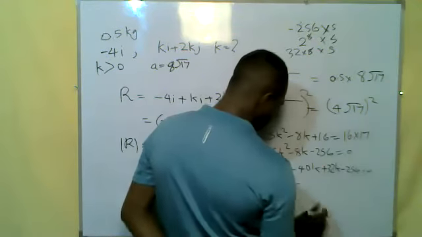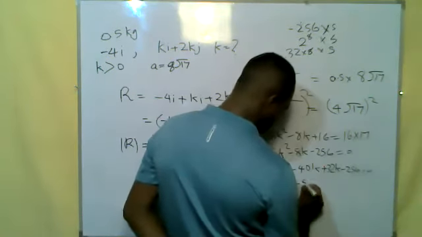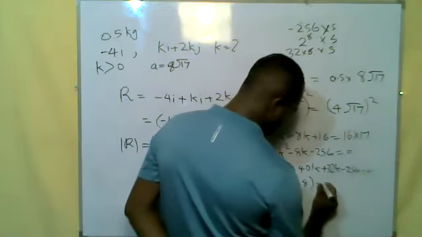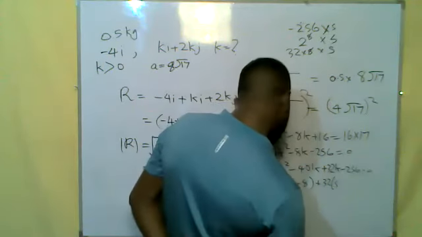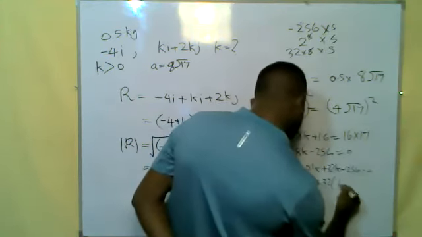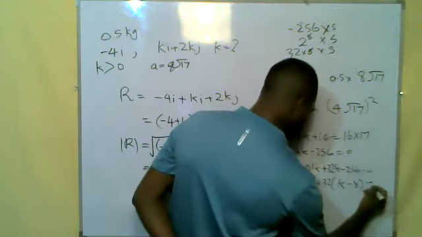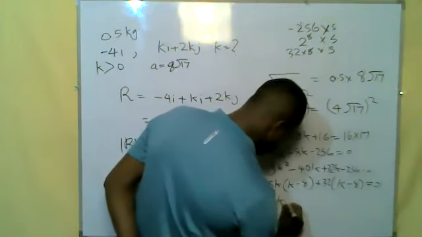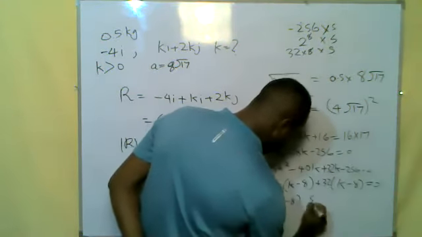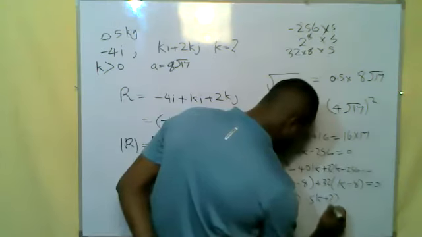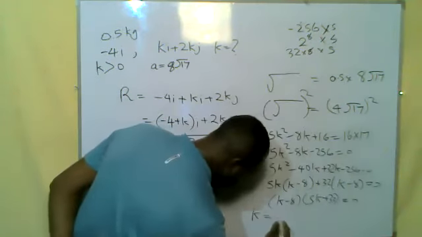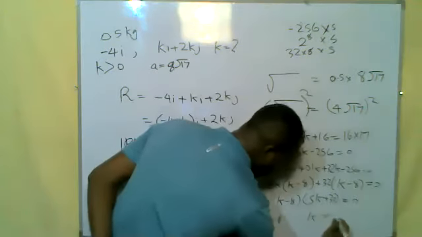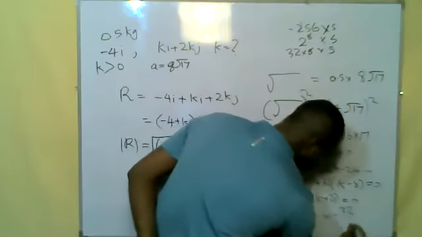So minus 8 plus 32, k minus 8, 5k plus 32 should be equal to 0. So k should be equal to either 8 or k should be equal to minus 32 over 5.